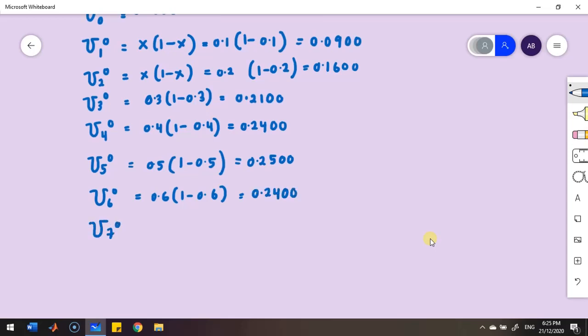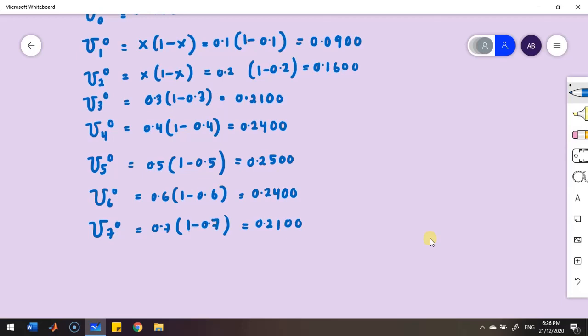And then my U70 is similar to my 0.3, which is 0.2100. Sorry, this is 0.7. This is what happens when I try to do it too fast. So let's erase this and get it right.